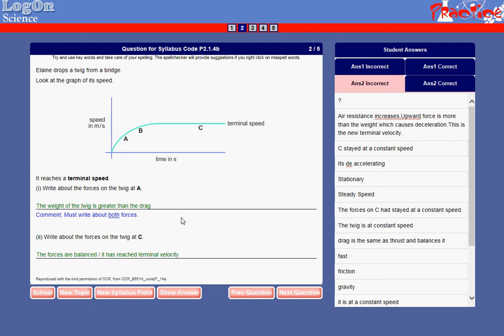Not using sufficient detail for explain answers, and so on, and of course typos and misspelling, which they won't have in the exam perhaps so much, but it is useful for them to learn to review their work.